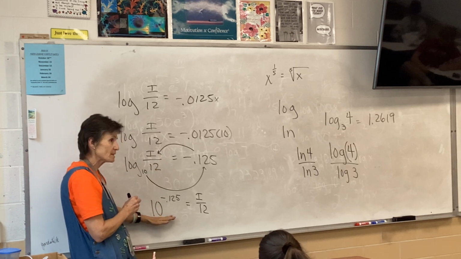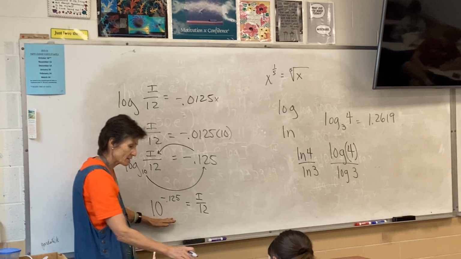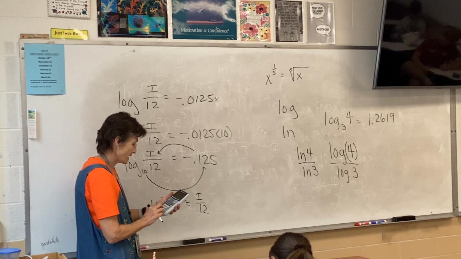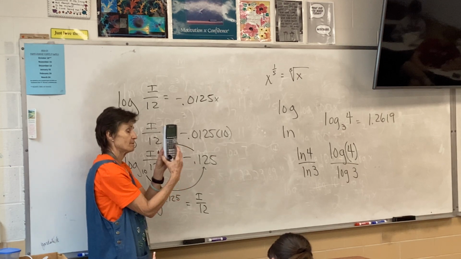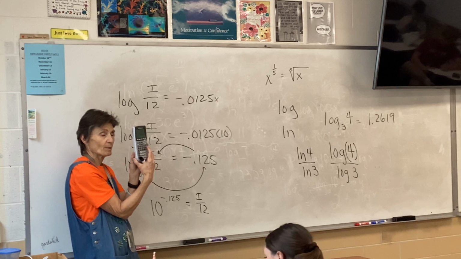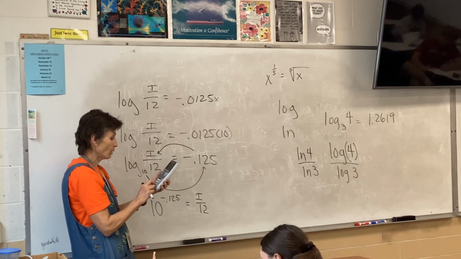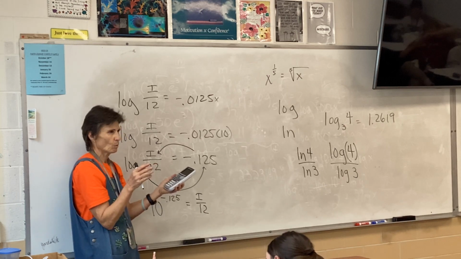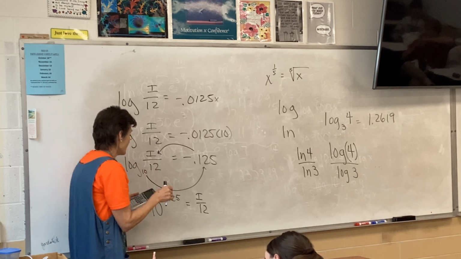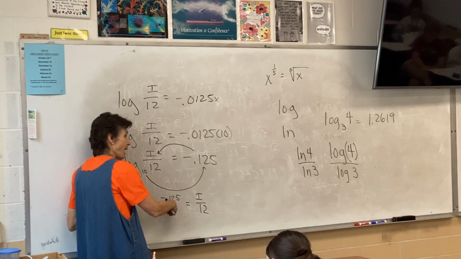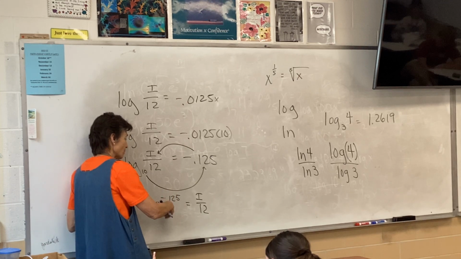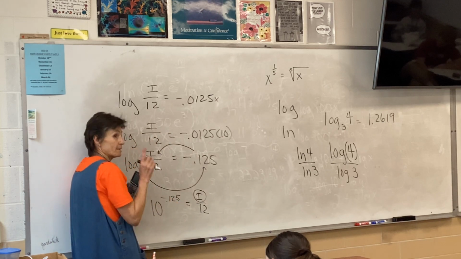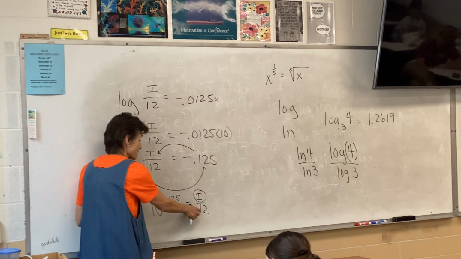Now, can we figure out this on our calculator? Yeah, I think so. Just type 10 raised to the negative 0.125. Did you get like 0.7498? Okay. How do we get I though? That's this number right here, but I need to solve for I, so what will I need to do?